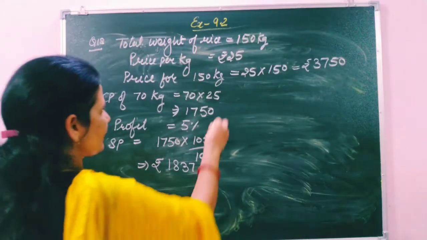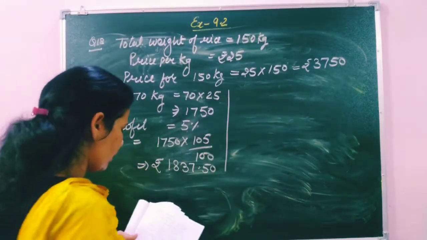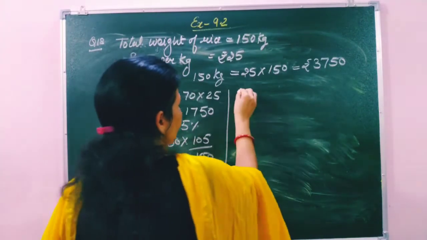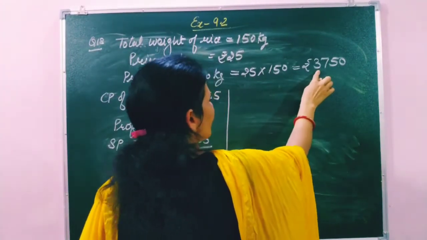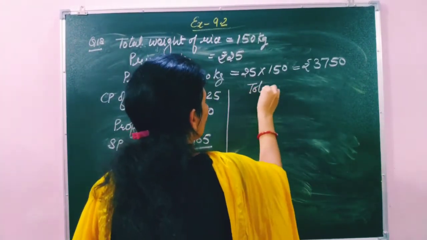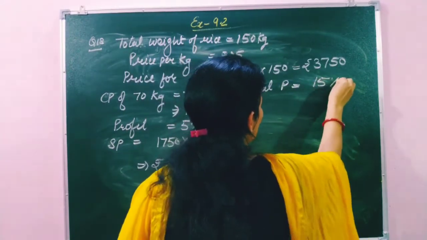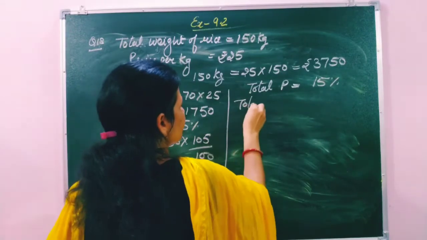But students, in the second part of this question, he told that in the overall transaction, he got 15% profit. So we have total CP, 3,750, and total profit, that means 15%.